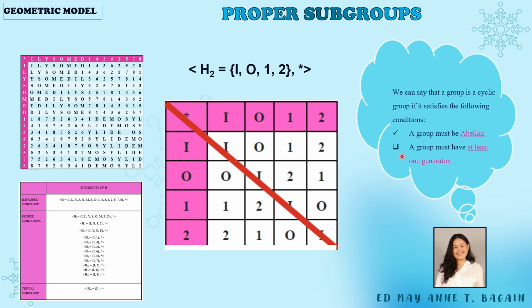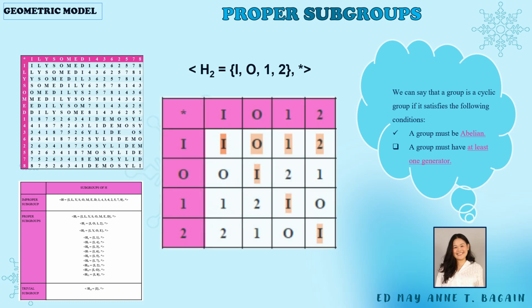As a group, it must be abelian and have at least one generator to be cyclic. As we can see, it is abelian, because the elements are symmetric about the diagonal line. And now we are looking for at least one generator.